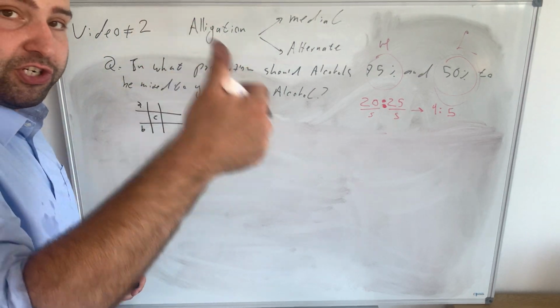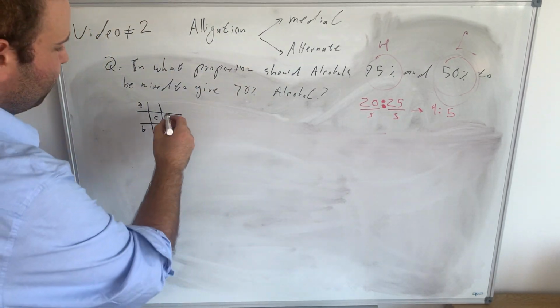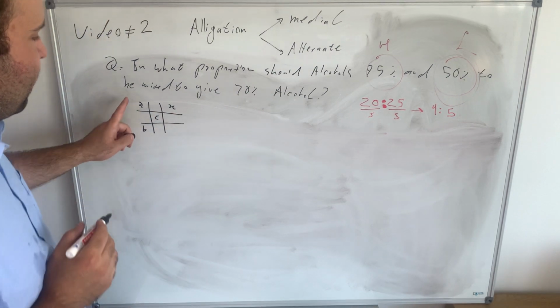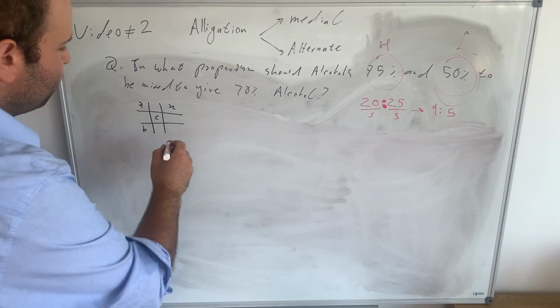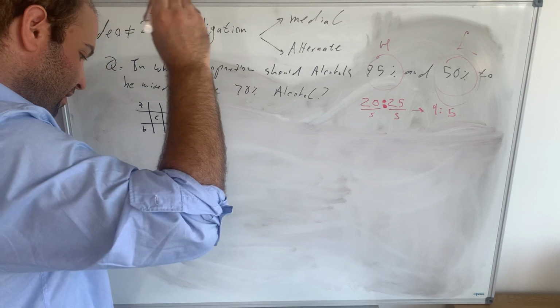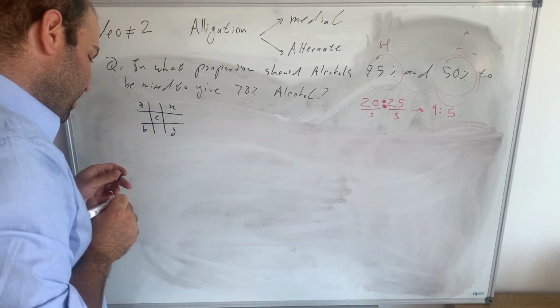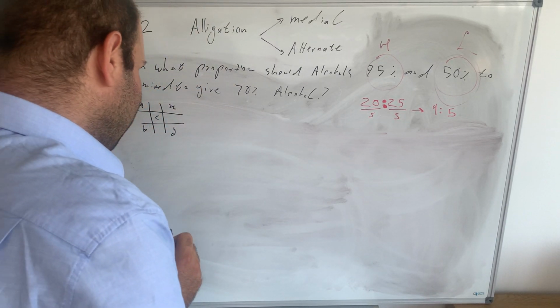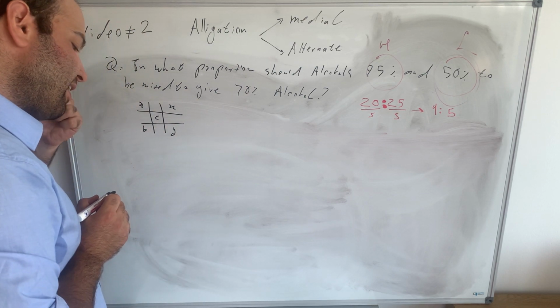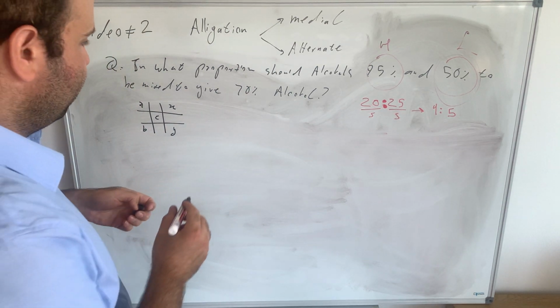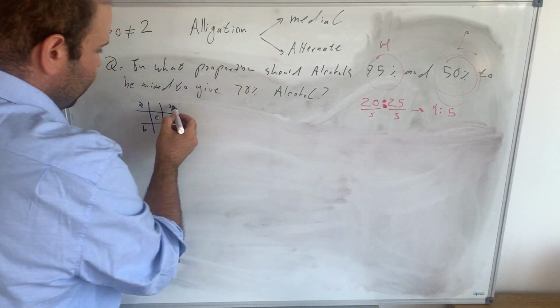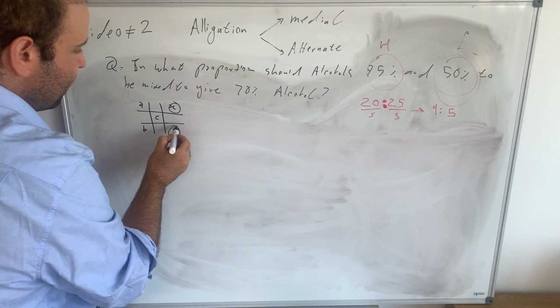The proportion of the first alcohol, we put it as X, and the proportion of the second alcohol, we put it as Y. And now, we use this table and provide a ratio of X to Y. So, there's a ratio of X to Y. That's basic mathematics.